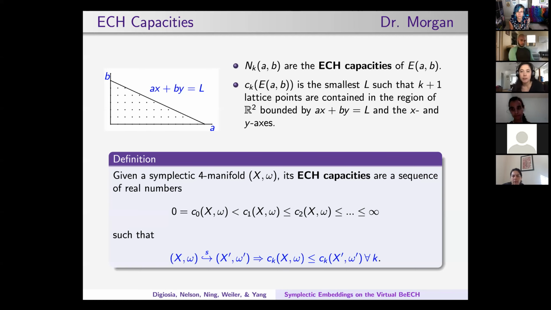So how do you get c_k of the ellipsoid? It's the smallest number L such that k+1 lattice points are contained in the region in the figure. It's the region in R2 bounded by the line bx plus ay equals L and the x and y axes.